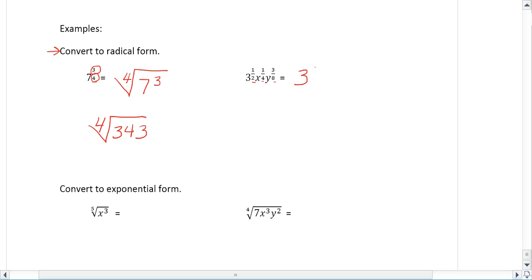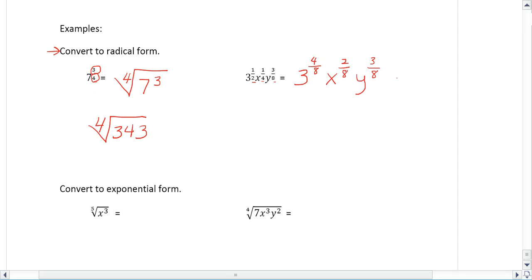So we need to rewrite this 1/2. 4, 2, and 8 all have a common denominator of 8. So the 1/2, we're going to rewrite that as 4/8. And then the exponent on the x is 1/4. We want to times both of those by 2 and get 2/8. So now that's in eighths. And I do not have to change the exponent on the y because it's already in eighths.